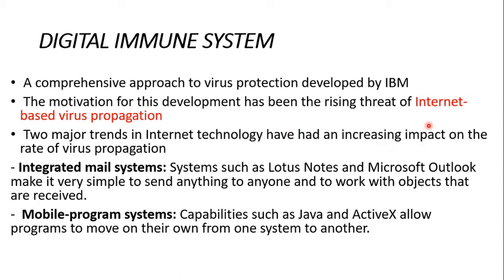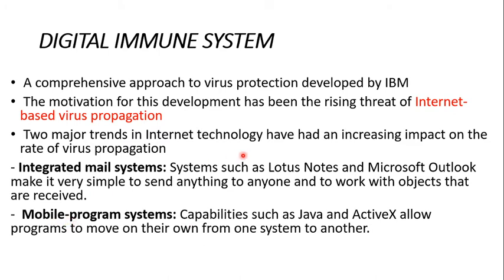Through the internet, a virus is propagating or moving from one location to another, or from one device to another device. It is the same as when you send a mail. If that mail has a virus, it is injected from your device to the other device through the mail. Otherwise, it is mobiles. When you transfer mobile code or mobile applications from one device to another, and those applications are built based on the respective codes, there is a movement of viruses from one mobile to the other mobile as well.